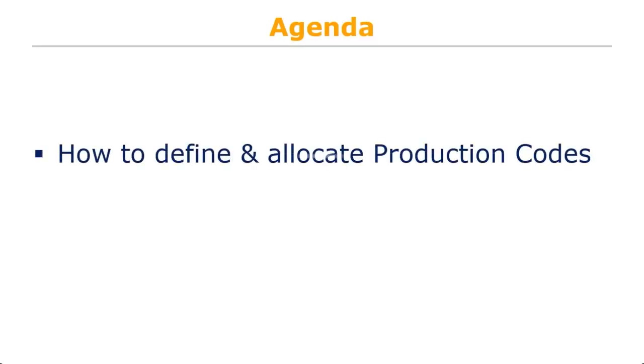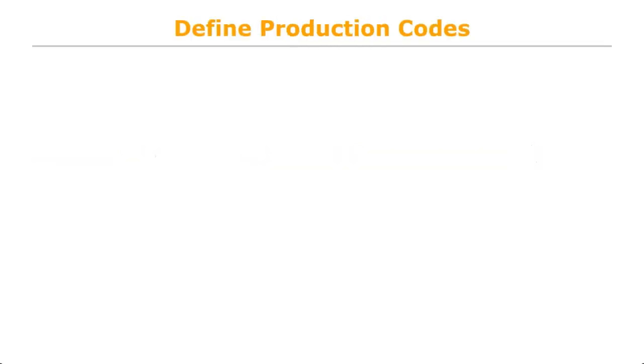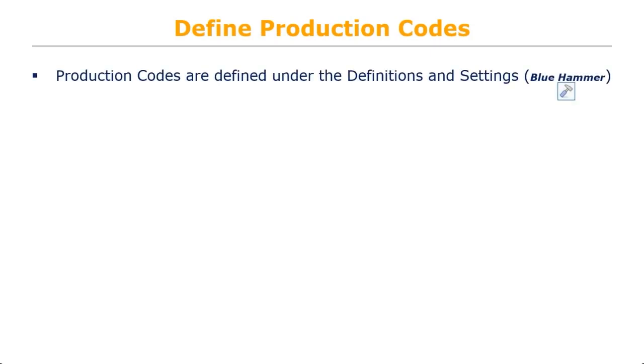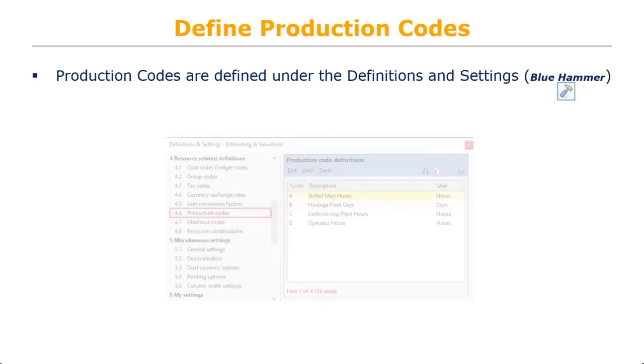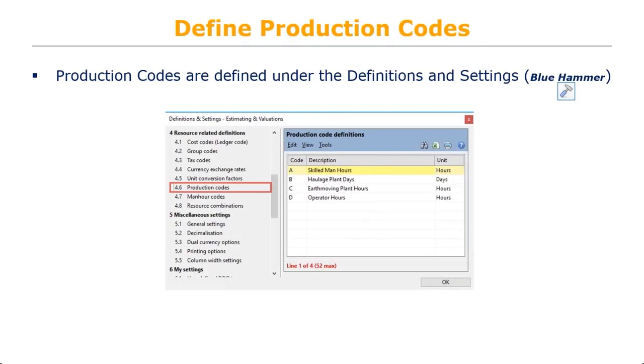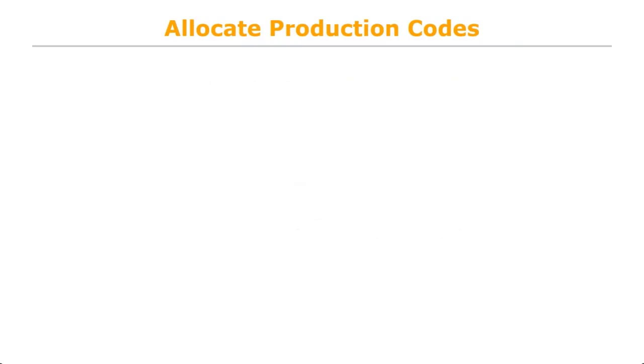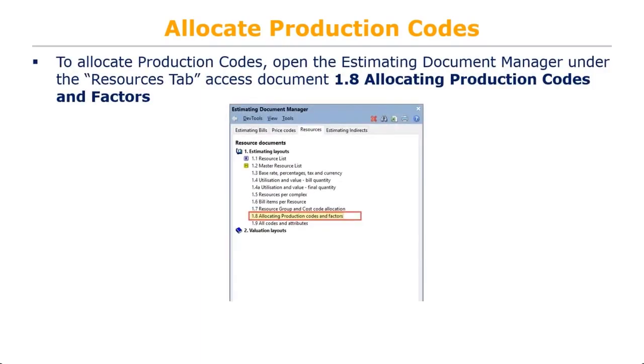How do we define and allocate production codes? Production codes are defined under the definitions and settings, also known as the blue hammer. And after you've defined your production codes, the next step will be to allocate them to resources.